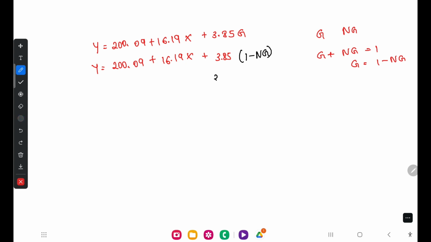Now, if I go ahead and simplify, 3.85 into 1 is 3.85 minus 3.85 ng, plus 16.19x, plus 200.09. Let me keep that in red itself now so that it's very clear for you all.